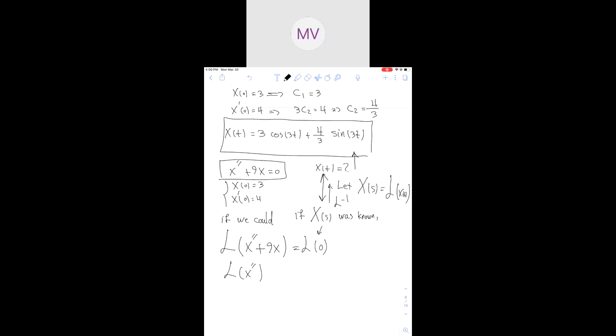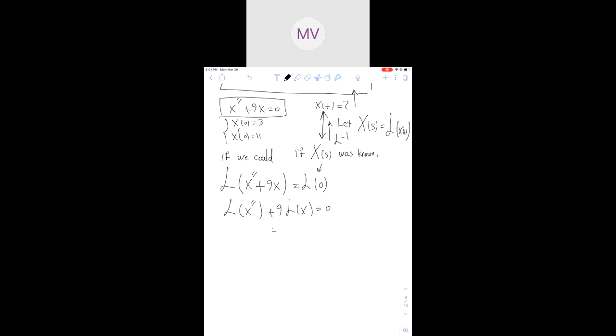It's linear, so we get the Laplace of x double prime plus 9 times the Laplace of x equals 0. Well, we just supposed that this guy is simply X of s, the Laplace of function x of t. So the only piece that we don't know about is this guy.